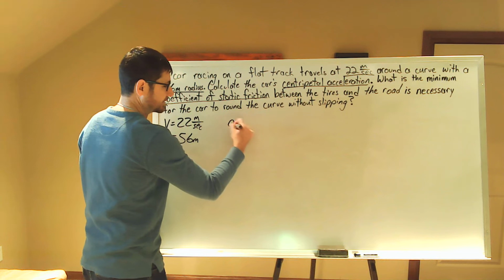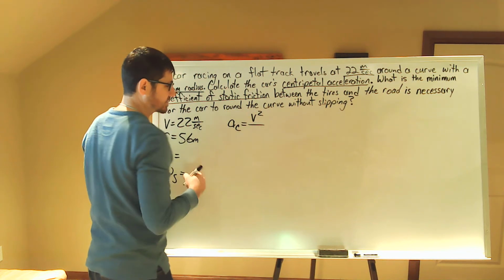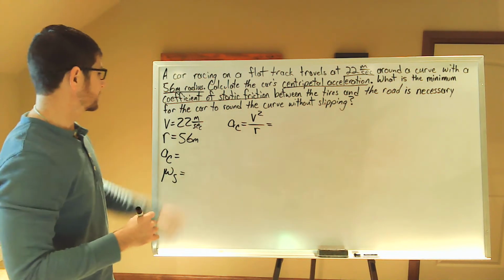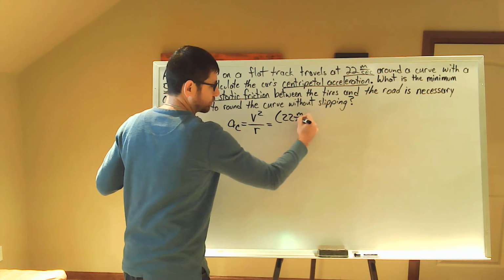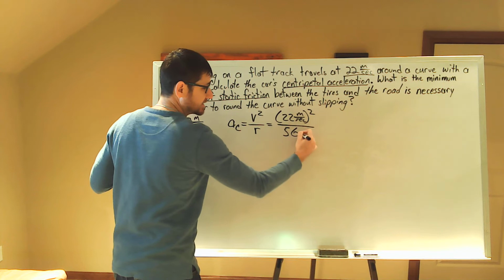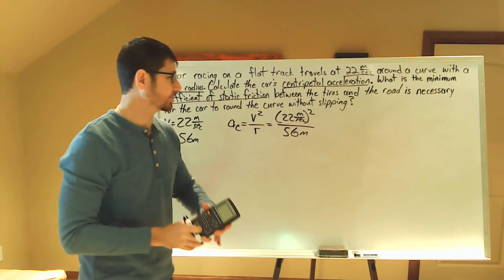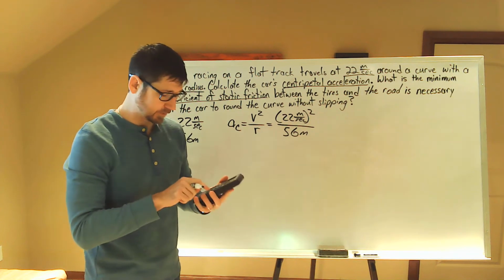We know that the centripetal acceleration is equal to the velocity squared divided by the radius of the curve. So the velocity is 22 meters per second, and we're required to square this, divided by the radius of 56 meters. So let's take out our calculator. According to the order of operations, we're required to square the numerator first.